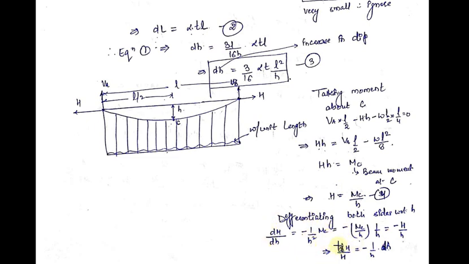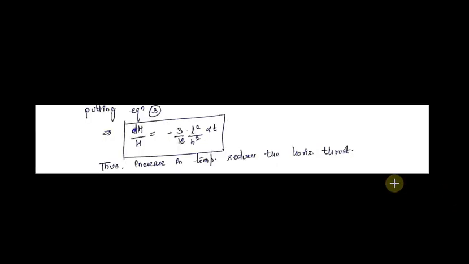After rearranging this term, I will get this equation, and again rearranging, I will get small dH upon capital H equal to minus 1 by h into dh. Now we already know the value of small dh. If I put the value of small dh in this equation, I will get the final equation: dH upon H equal to minus 3 by 16 L square by h square into alpha t.